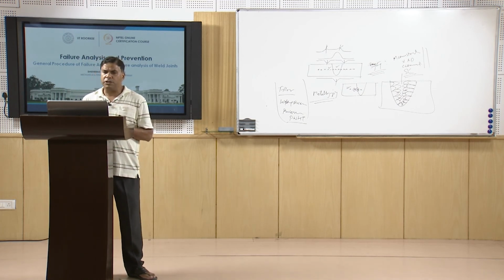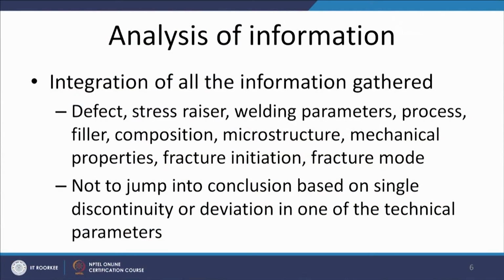At the end we need to analyze all the data collected through the different characterization approaches, and that is what we need to integrate. So we have to integrate the information collected through the different characterizations and the failure analysis study which has been conducted.